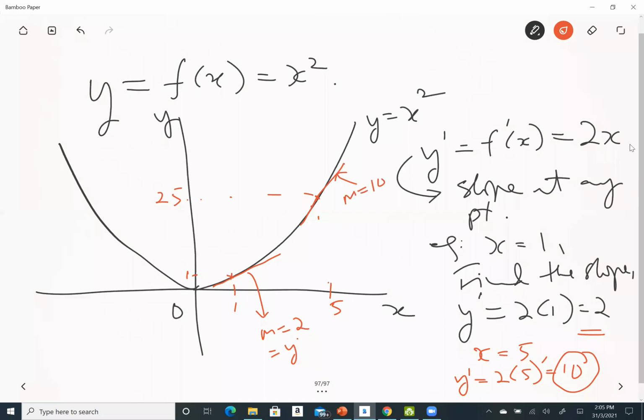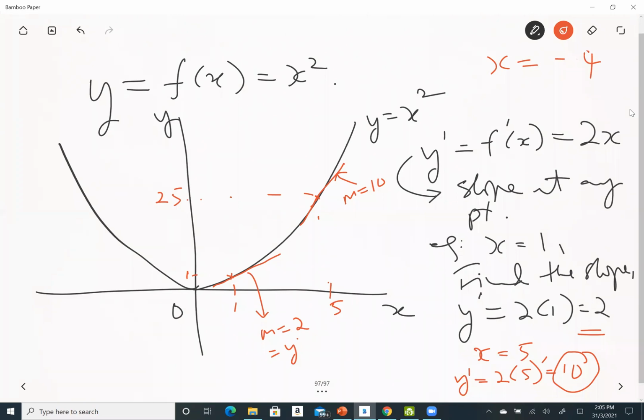Now let's try another point. Say x equals negative 8. Negative 8, I think it's too far. So let's say negative 4. When x equals negative 4, what is the value of y?